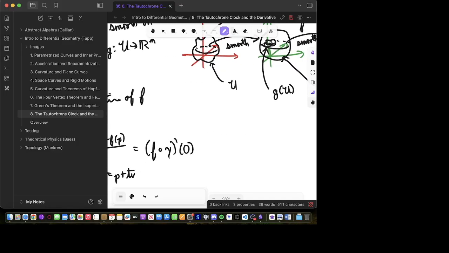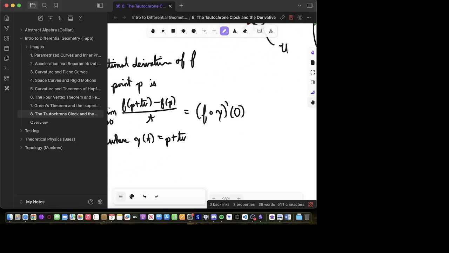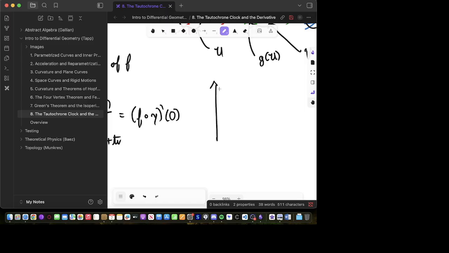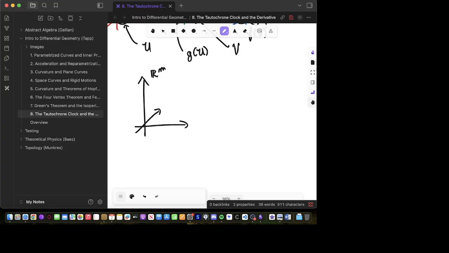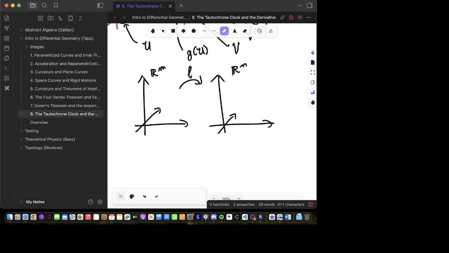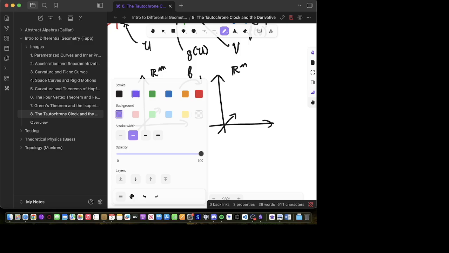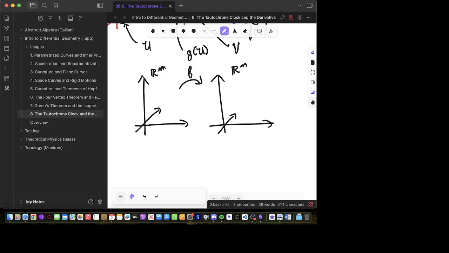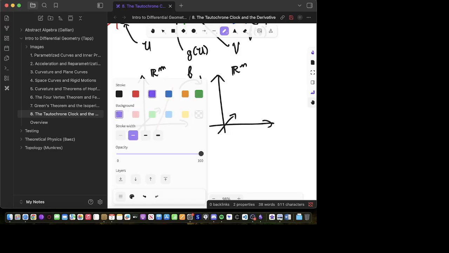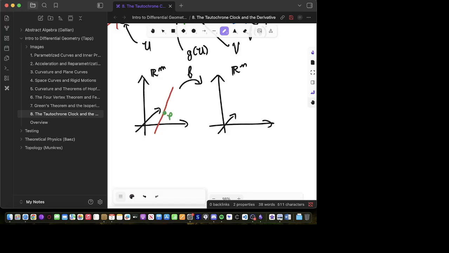Basically, if we have a function that maps from R^m to R^n, and we have, say, a straight line, and this is p, and this is v.